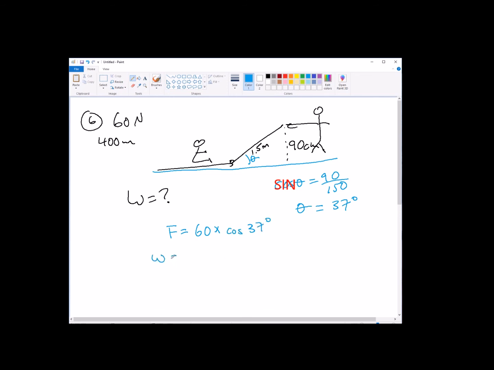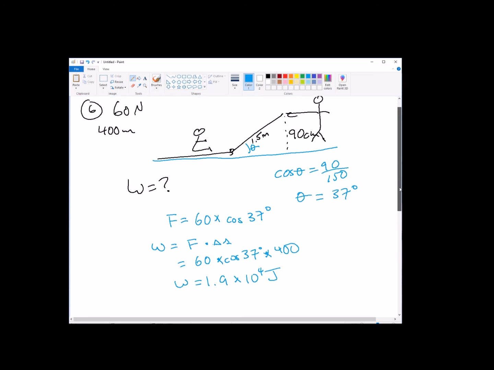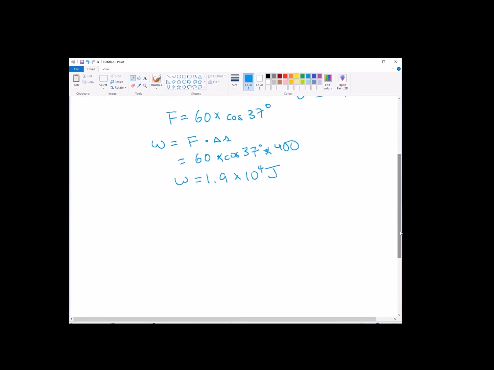And we know that work is equal to force times displacement. So we have 60 times cos of 37 times 400, and we get our work is equal to 1.9 times 10 to the 4 joules.